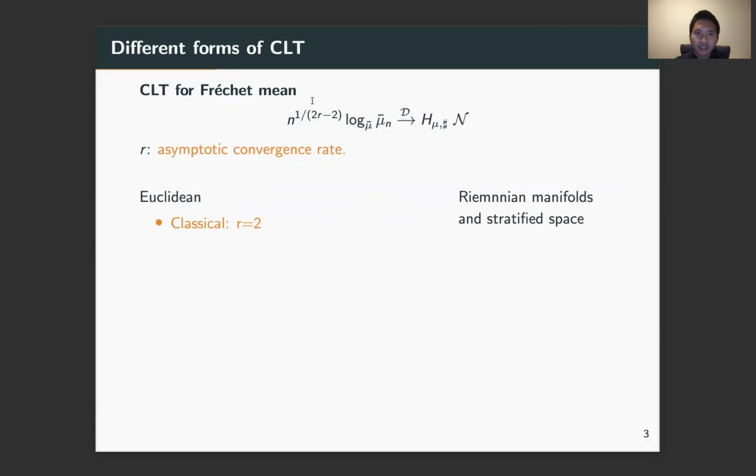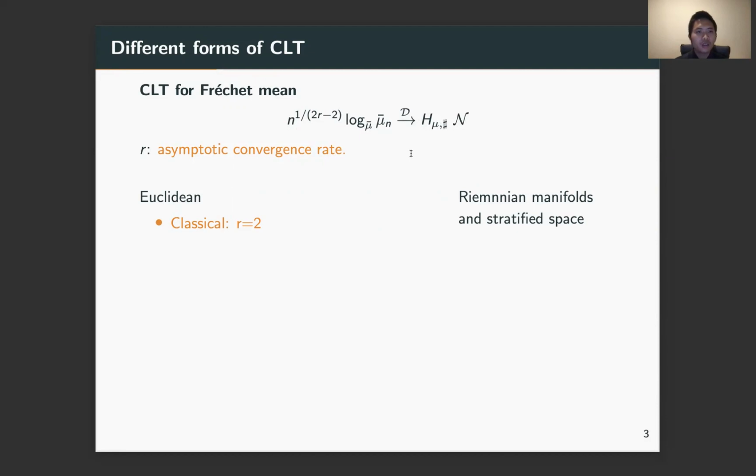So we have to rescale it by multiplying by n to the power of 1 over (2r minus 2), and r is called the asymptotic convergence rate. It will converge to some distribution, H applied to a normal distribution, and H is a process that we will have to look at.